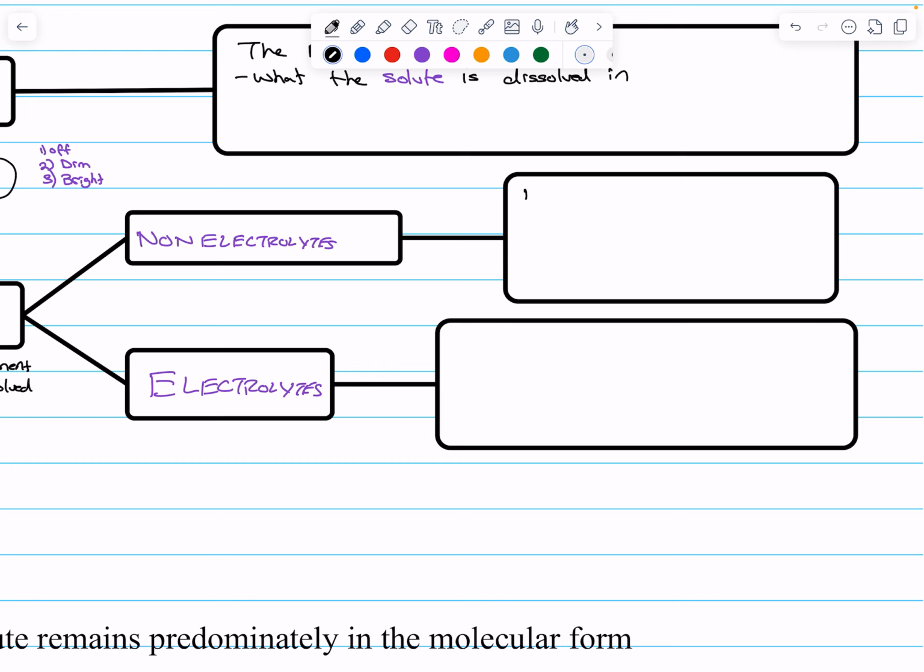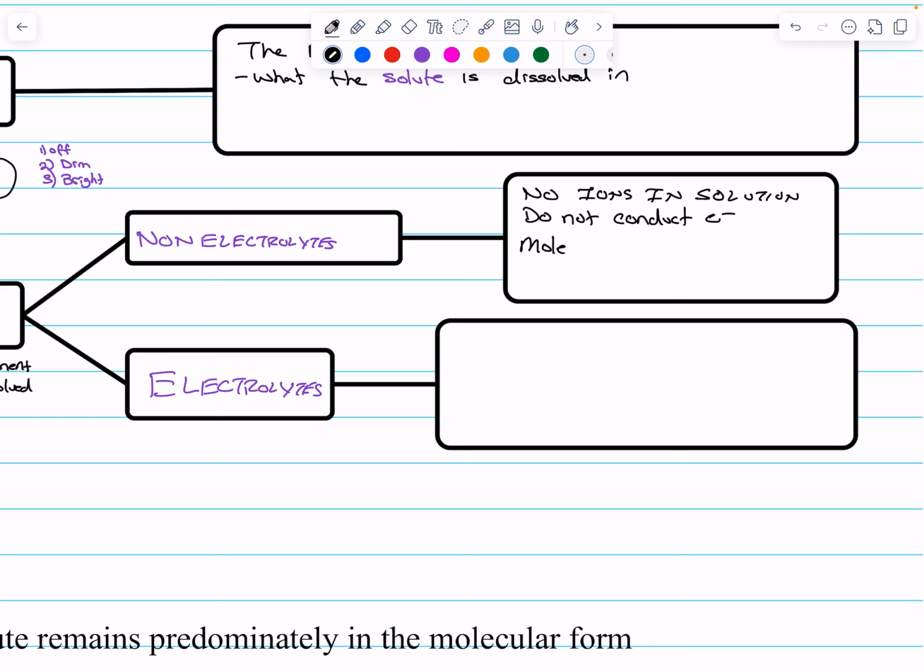Non-electrolytes have no ions in solution, so they do not conduct electrons. What does that mean?